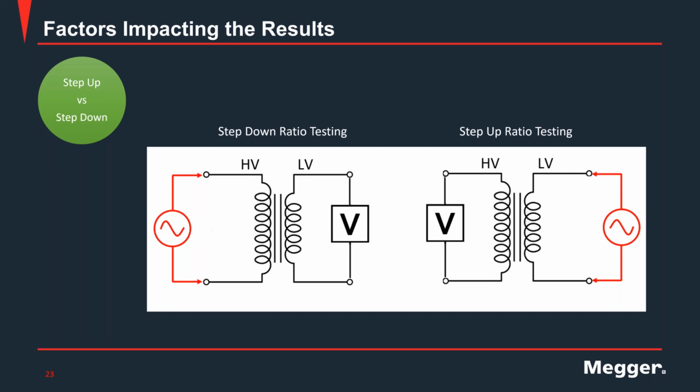When you have a unit that can do step up, right? Obviously the opposite, applying voltage on the low voltage side of the transformer and stepping it up to measure the induced voltage on the high voltage side. Well, it is really important that the instrument accounts for that higher voltage that it's going to induce, right?